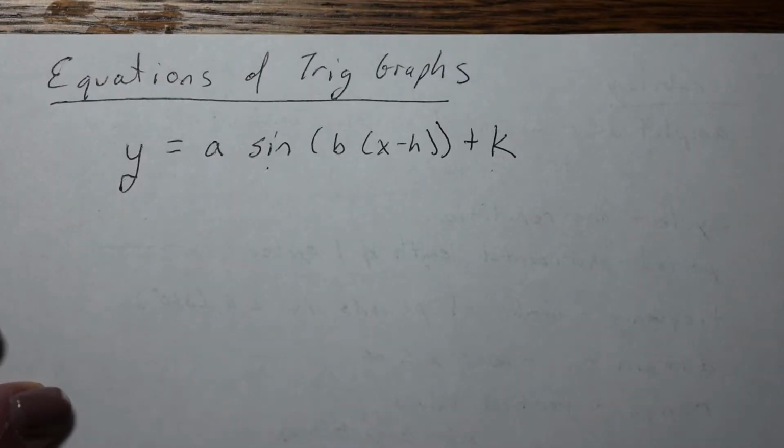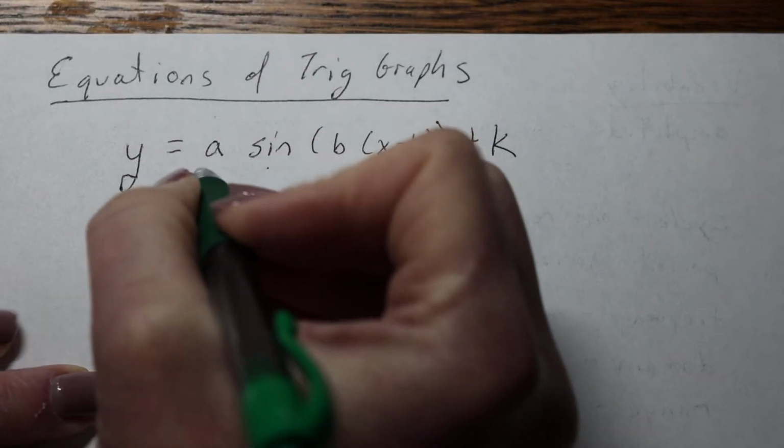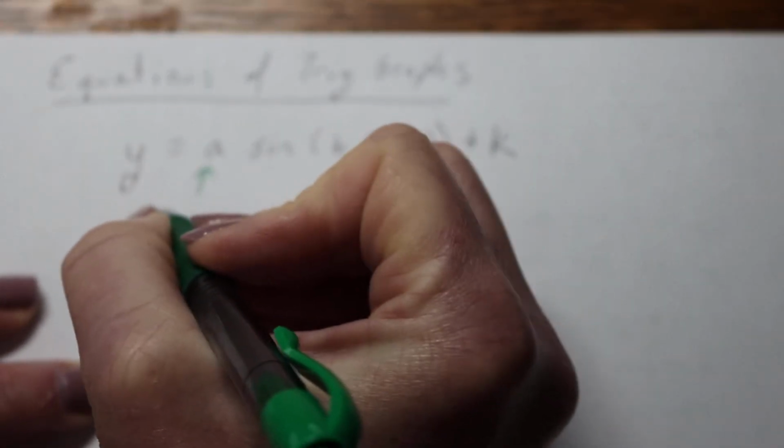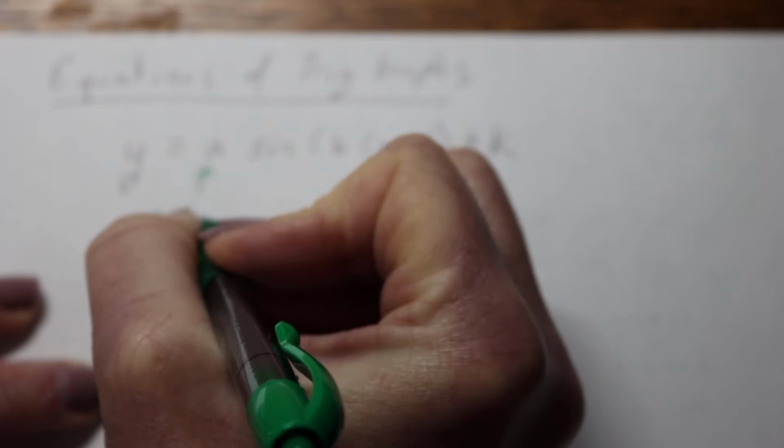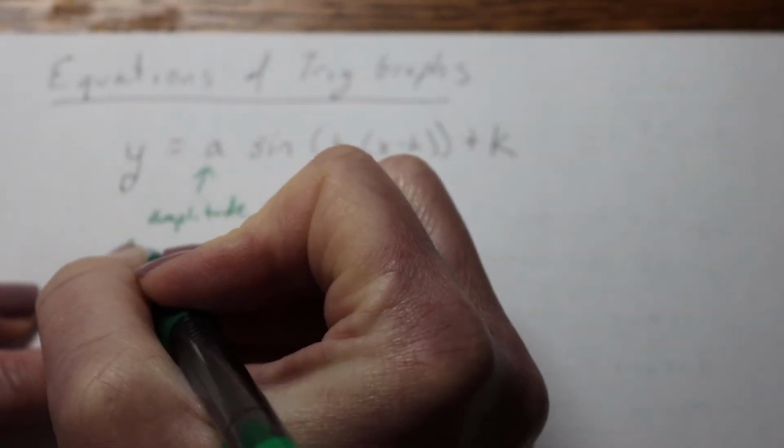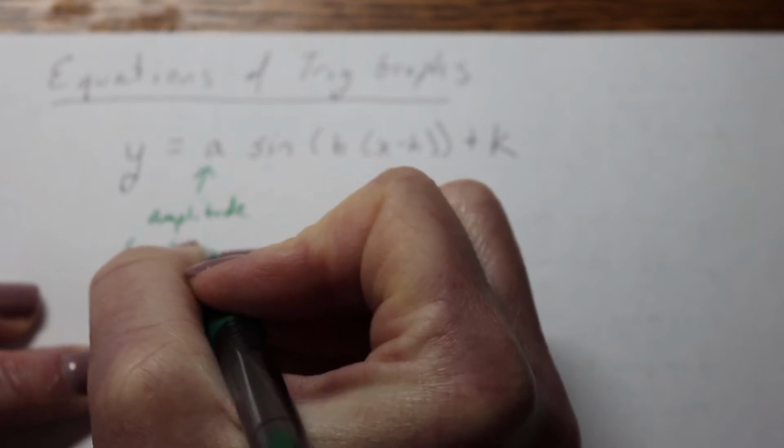So what do all these letters mean? The A, kind of nicely, stands for amplitude. Amplitude is thought of as a vertical stretch.